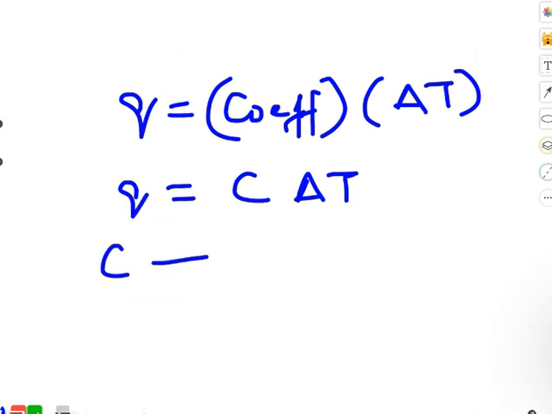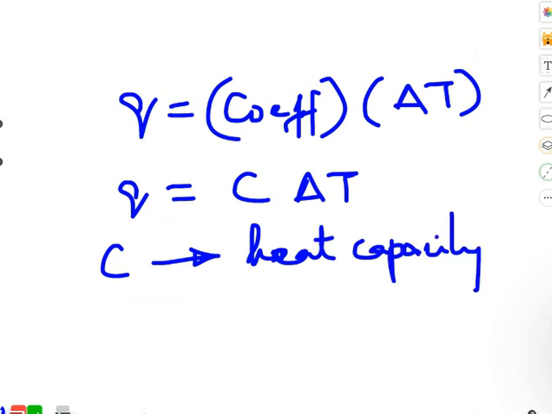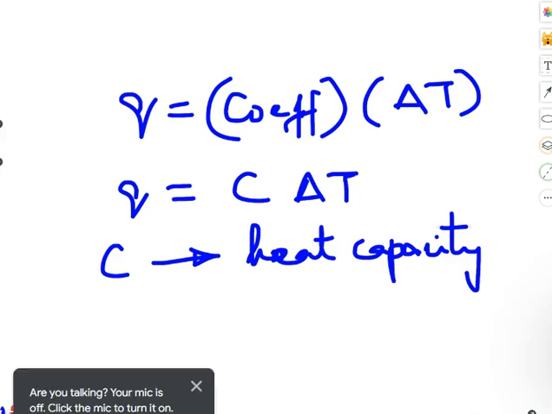Now, the coefficient C can be called the heat capacity. So what is this now? Q by del T, sir.